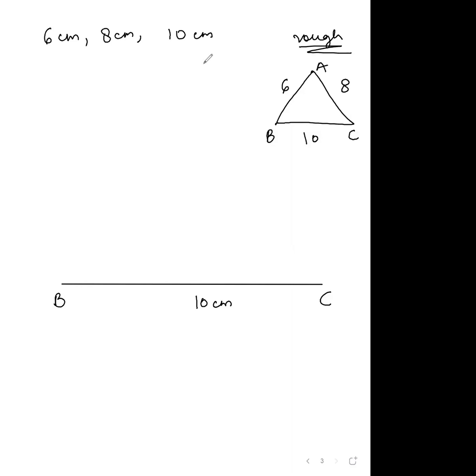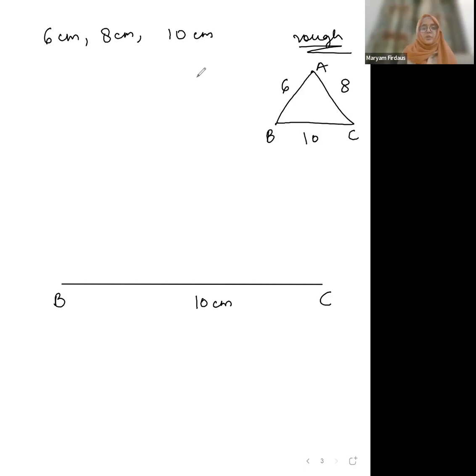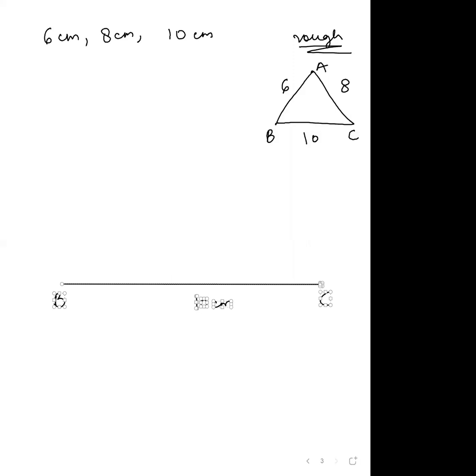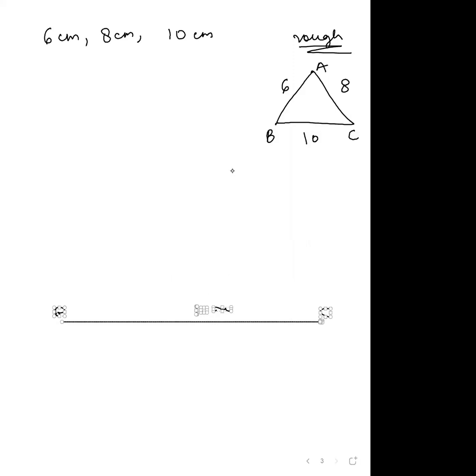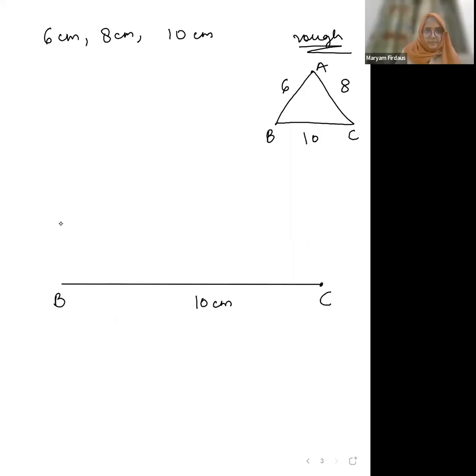The next thing, Hiba? We are going to take the measure of 8 centimeters and draw an arc. Very good. We're going to draw an arc using the compass, with C as the center, right? Yeah, with C as the center.